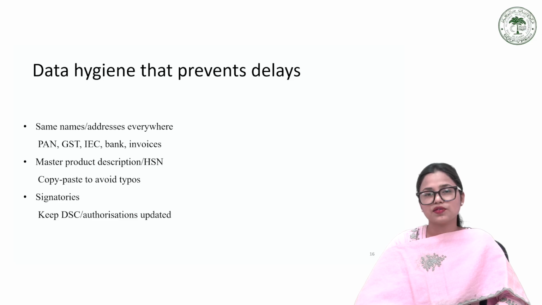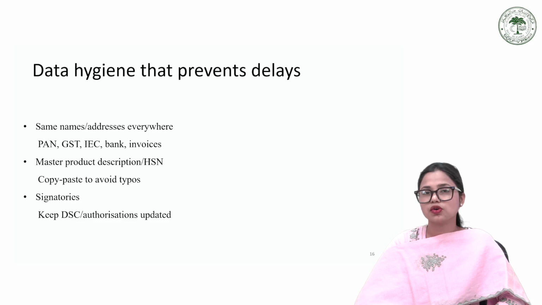Now, these are several basic hygiene that any exporter importer is expected to follow with the goal of preventing delays in the shipment or realization of export proceeds or claiming of any refunds of taxes or duties. Every exporter and importer must make it a point to recheck that the names and the addresses in all the documents, in all the registrations are same.